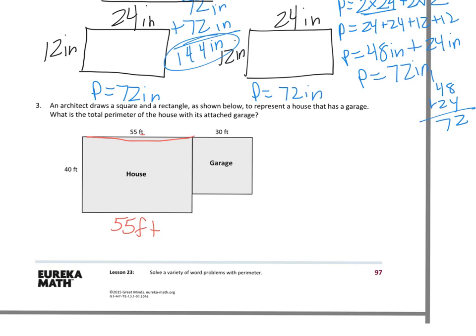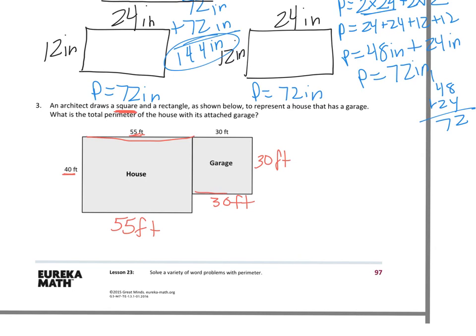It says the garage is going to be square because I see the house is a rectangle, and I know that because there are 2 different measurements for the length and width. So the garage has to be a square, meaning all the sides are going to be 30 feet.